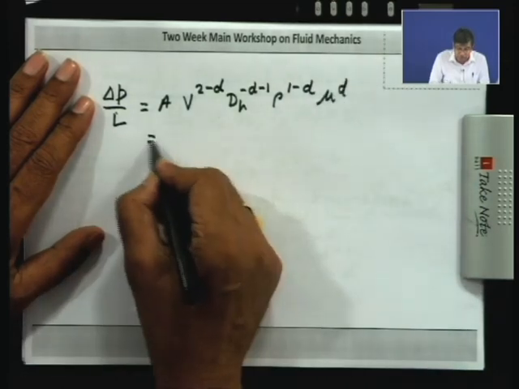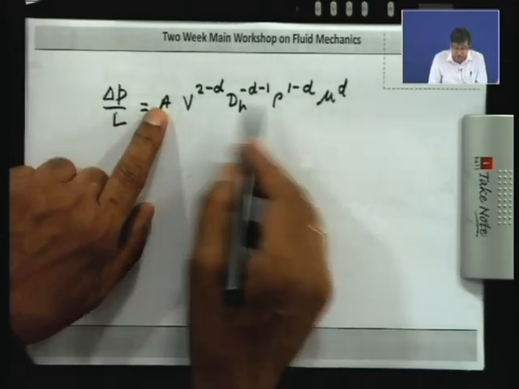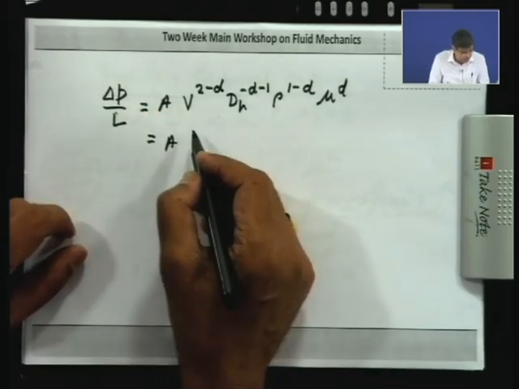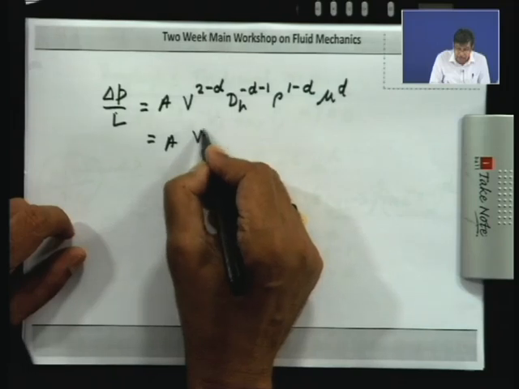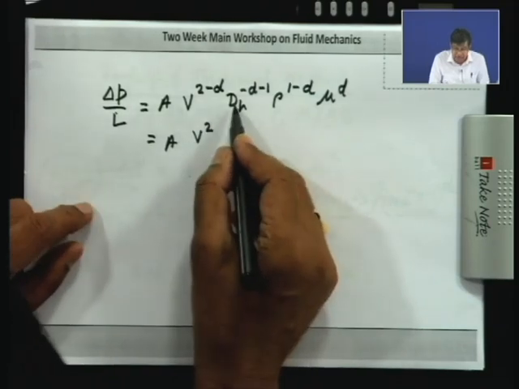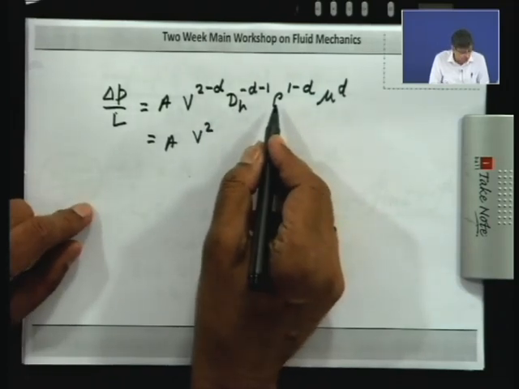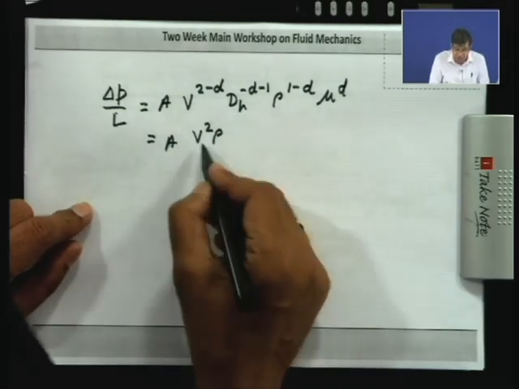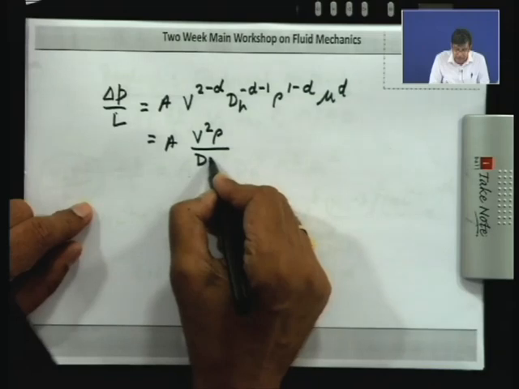And if you take all these indices together, now what is it? A into V square, then this is divided by V square rho by DH.